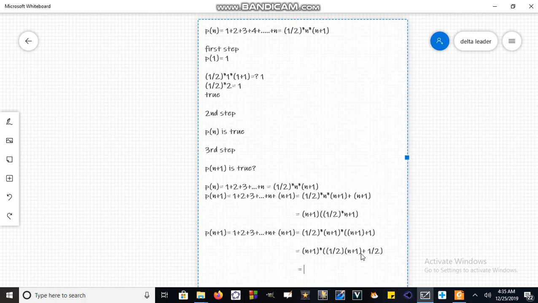So this should be equal to, this doesn't move, Ctrl C, V, and then we develop this part, so we should have 1 over n over 2 plus half, n plus half again, and then we close.